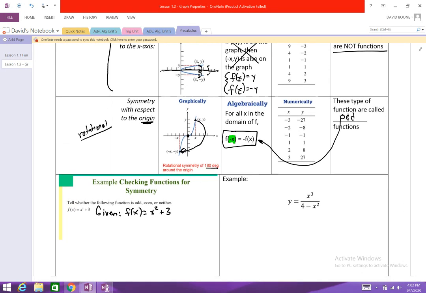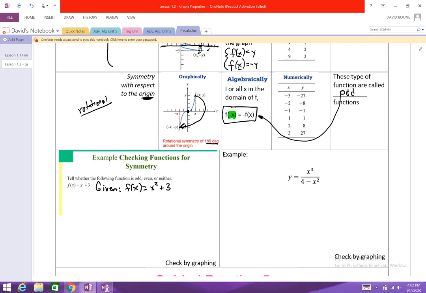So that's the next thing I'm going to do in terms of my proof. I'm going to start with putting a negative value in and seeing what happens. If I put a negative x into x, I'd have negative x, and I'd have to square it, and that's plus 3.